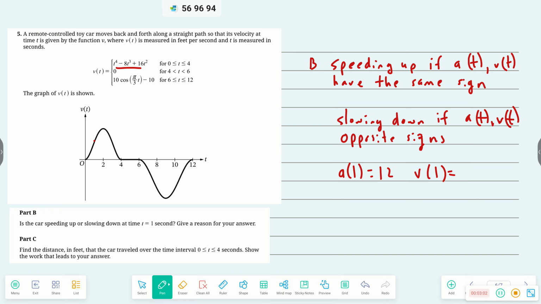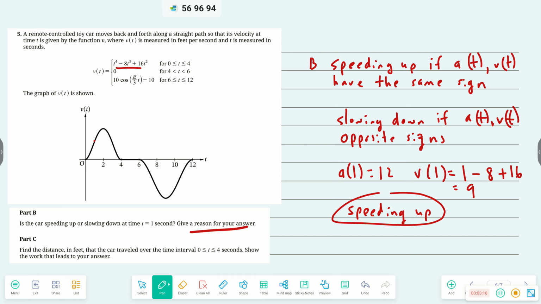So V of 1 is just going to be 1 minus 8 plus 16. That is 9 feet per second, if I'm doing my math correctly. So this is speeding up, because, again, we've explained it. Give a reason for what we did. And there you go.